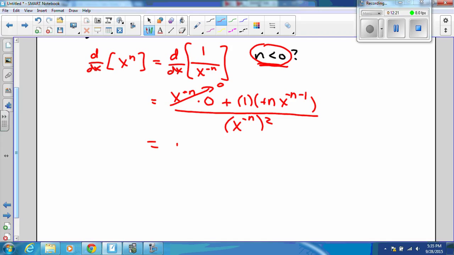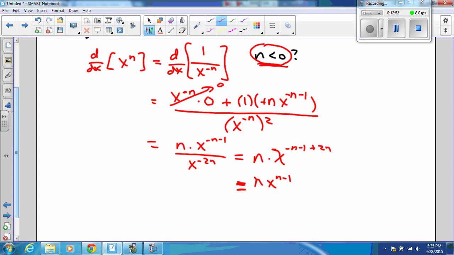Now this cleans up really nicely because this whole term is 0 and my negatives cancel here, giving me n times x to the negative n minus 1 all over x to the negative 2n. And as we know, dividing x powers gives me subtraction of exponents, so that I get n times x to the negative n minus 1 minus negative 2n, which is the same as x to the n minus 1.